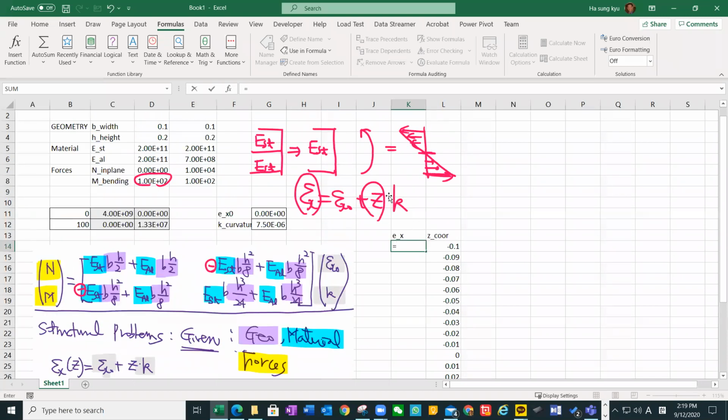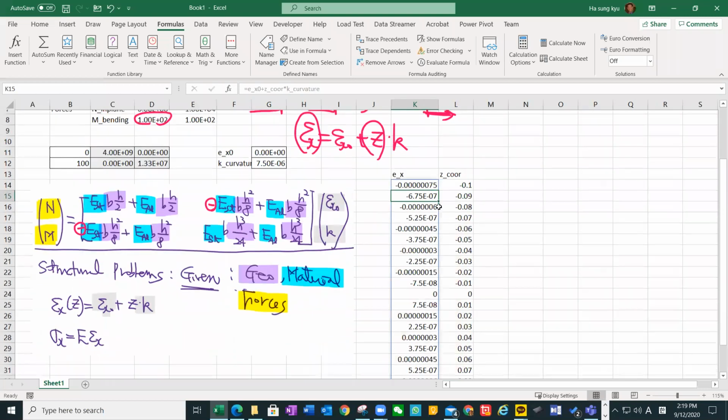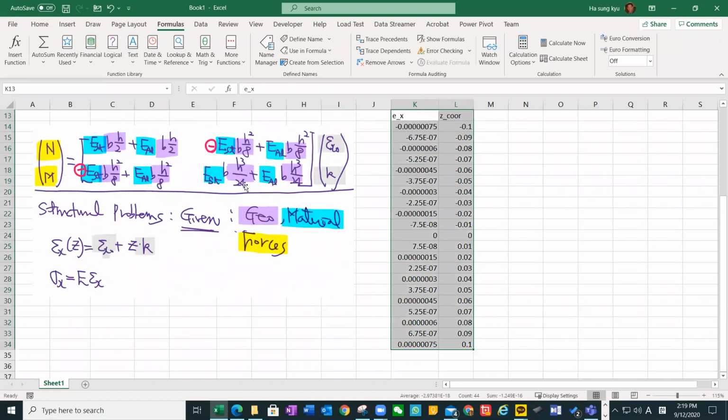Now, as we start from this equal, we got this value, right? Epsilon x0 plus a z coordinate times a curvature here. Then epsilon x is calculated automatically, and we can just select them.